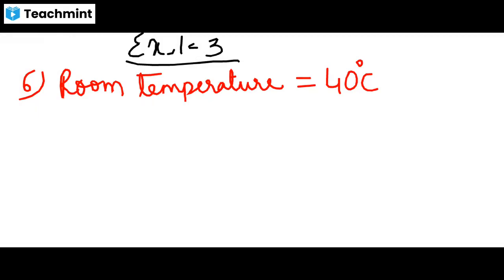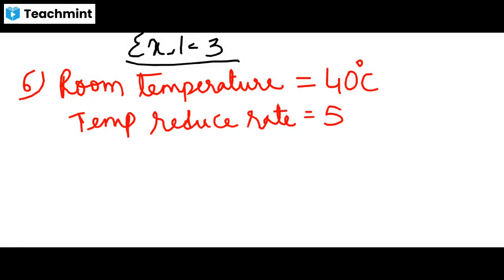Every hour, what is the temperature that should be reduced? 5 degrees Celsius. Rate is 5 degrees Celsius for every hour. Once 1 hour is over, 5 degrees Celsius is reduced.